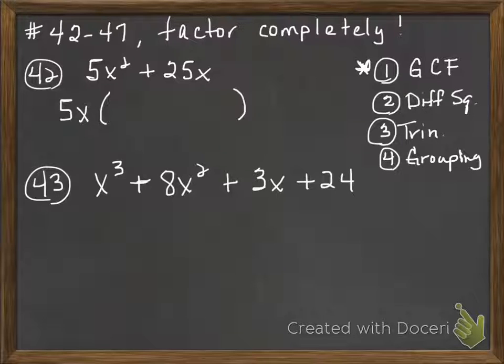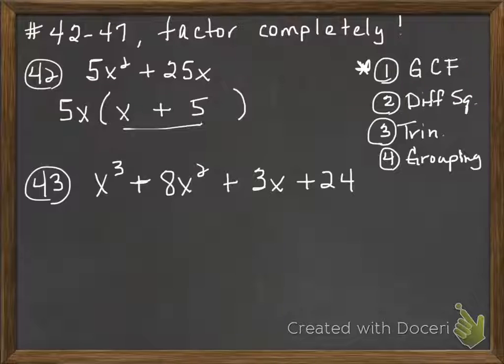So we say 5x times what is 5x squared, and that would give us an x. And then we say 5x times what is 25x, and that would be a positive 5. Again, we can double check just mentally by distributing the 5x back into the parentheses. 5x times x is 5x squared. 5x times positive 5 is positive 25x.